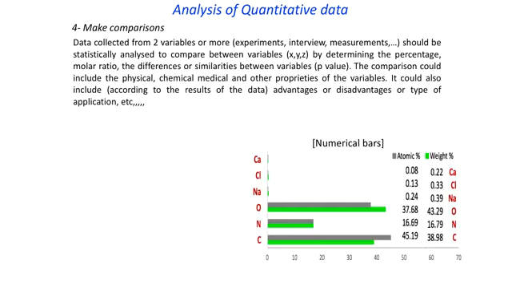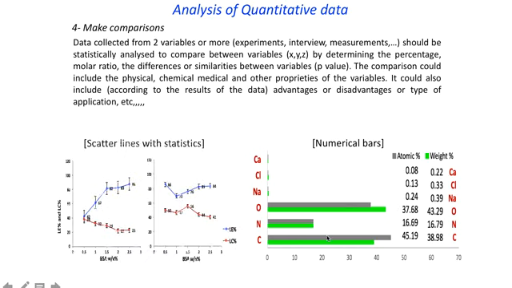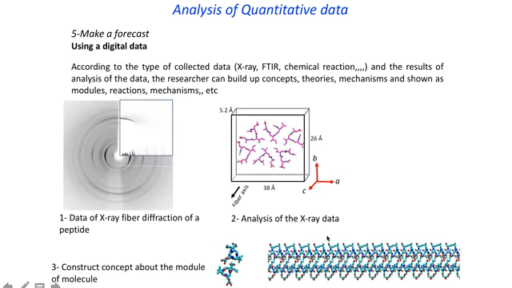You can also show your data and analyze it by doing a comparison between variables. Compare between X, Y, Z variables and determine the percentage, the ratio, the differences or similarities between variables. Or you can use your data to make a forecast.